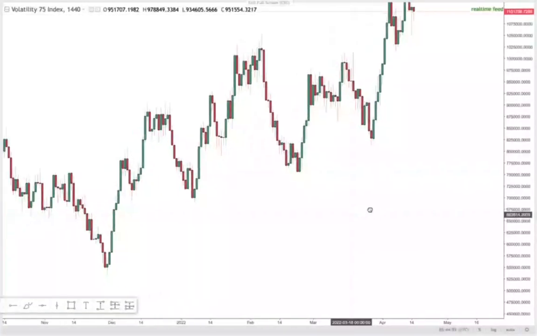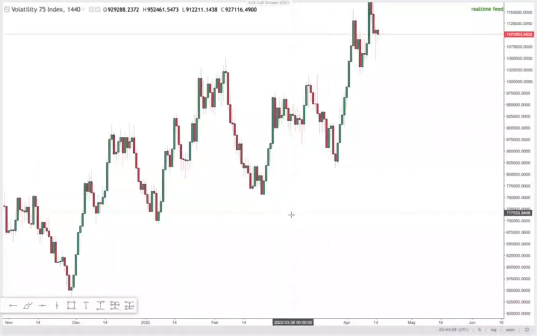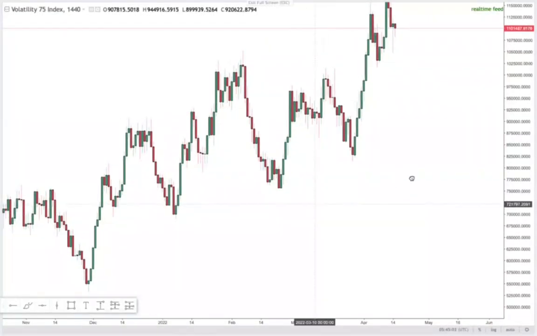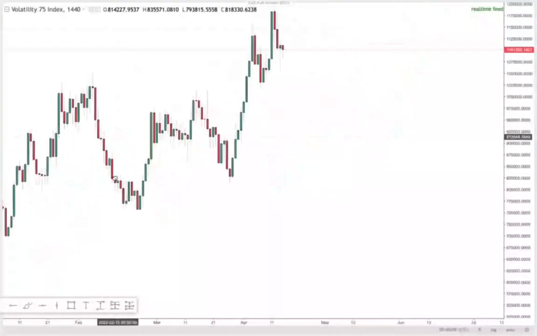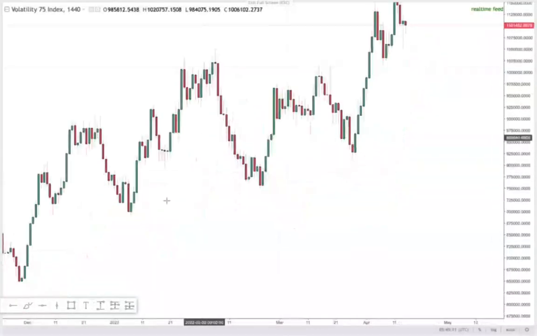I was saying we were trying to look at a hidden structure, right? So when you're looking at a hidden structure, just look for some examples.